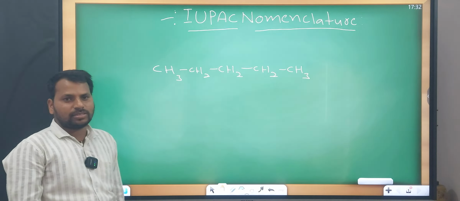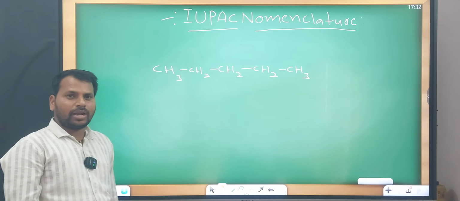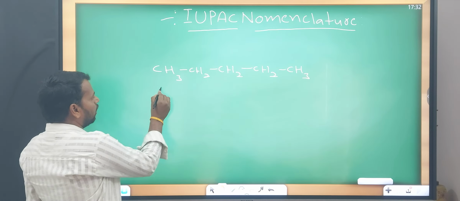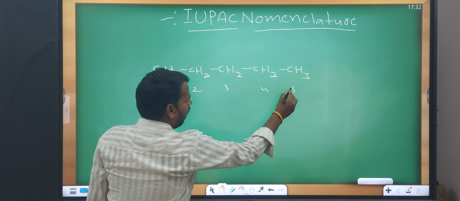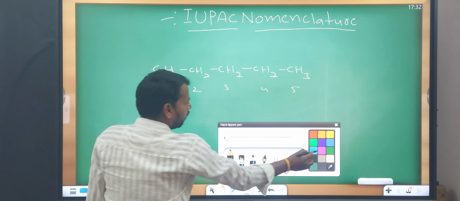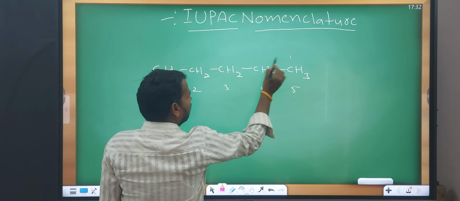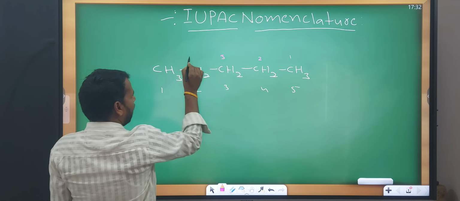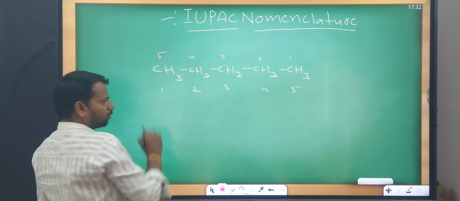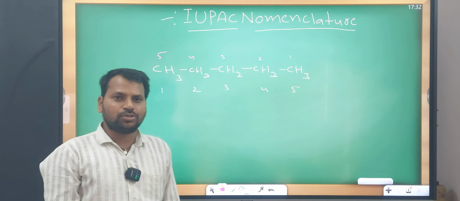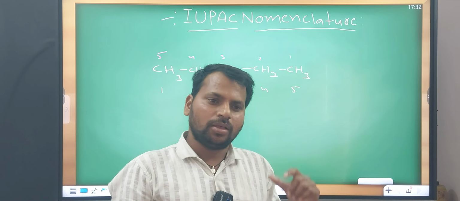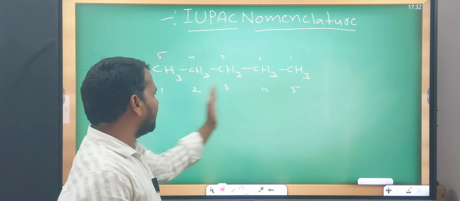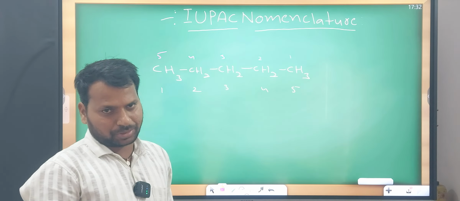It does not contain any functional group, so we can give numbering from left to right or from right to left. If there is no substitution present on the carbon chain, we can give numbering from both sides.